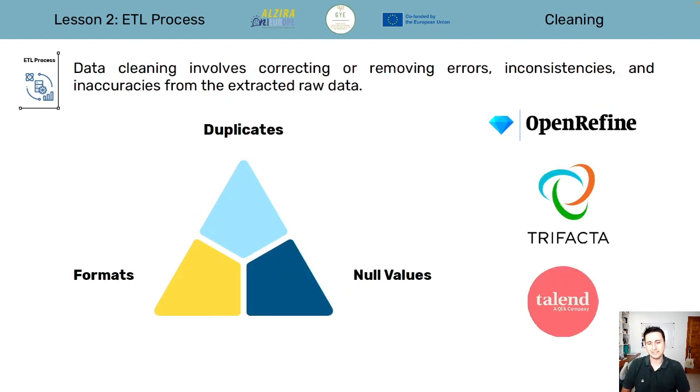Then once we have extracted the information, it's raw data. We need to clean that data. Okay, so correct it, remove some errors, check inconsistencies, inaccuracies, and the aspects that we should focus on are duplicate rows, for example, duplicate values, null values or empty spaces in the data set, and then the format, as I told you in the previous lesson, about currencies, dates, points or commas in the decimals, and document formatting.